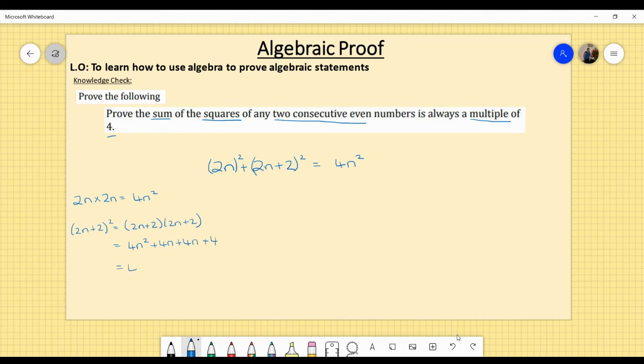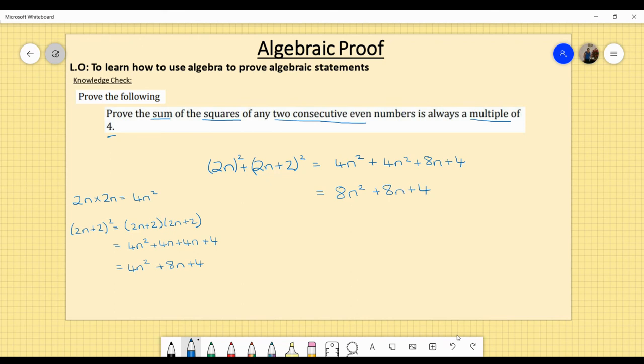And to simplify that, I get 4n squared plus 8n plus 4. So I can pop that in over here, so plus 4n squared plus 8n plus 4. If I then simplify that, I will end up with 8n squared plus 8n plus 4.